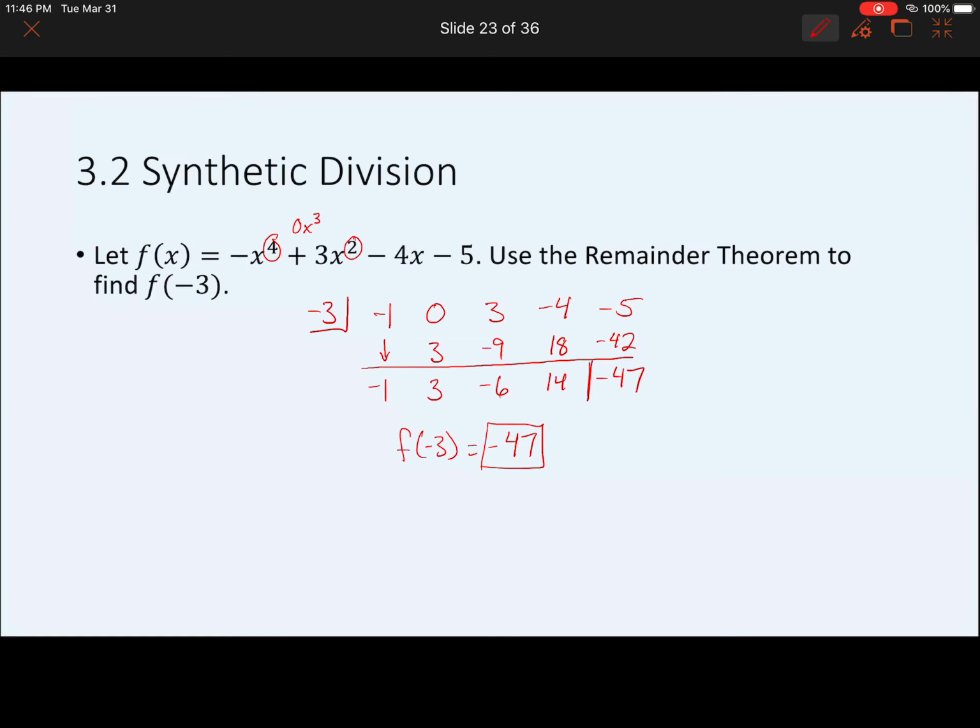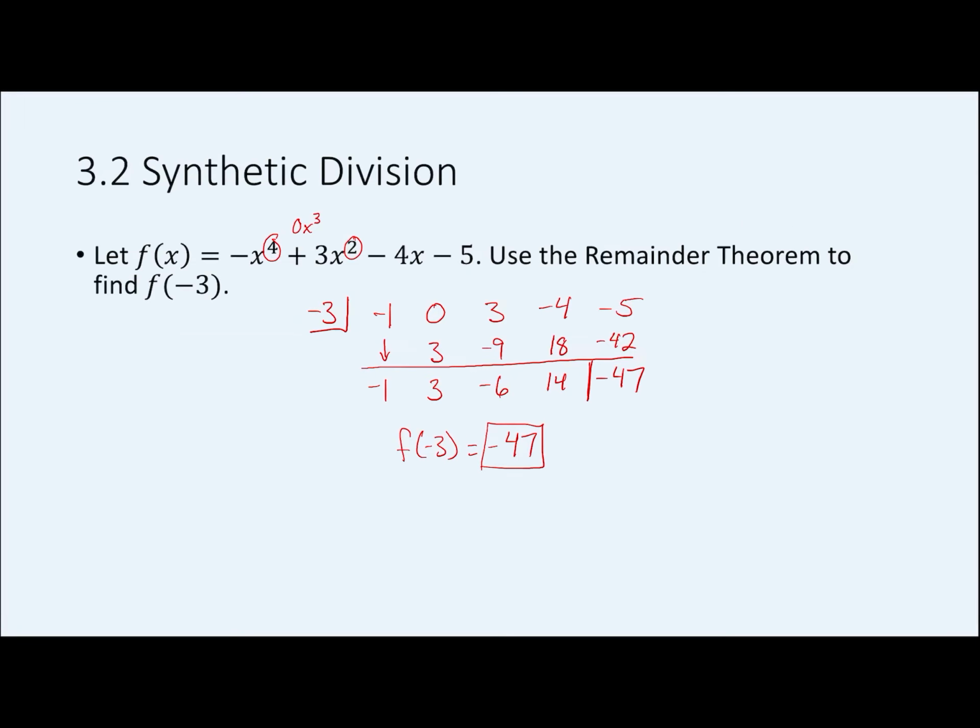And then -5 minus 42 is -47. So -47 is our remainder. Again, what it tells us is that f of -3 is -47.